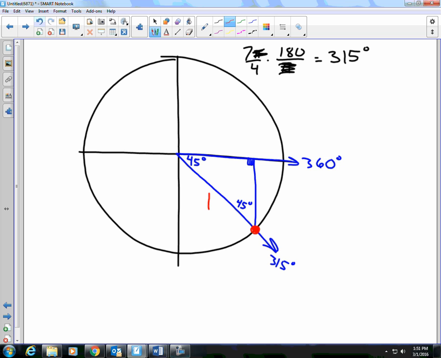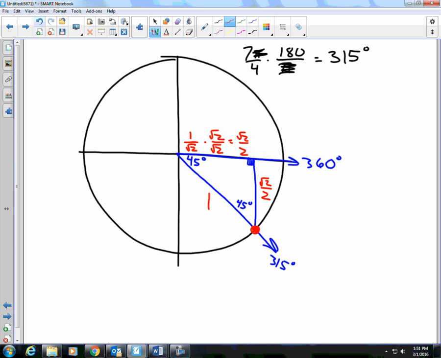So do I multiply by the root of 2 or divide by the root of 2? Divide by the root of 2. So I have 1 over the root of 2. Oh no, my algebra 2 teacher told me I can't have a root of 2 in the denominator. Oh yeah, multiply it by the root of 2. I get the root of 2 over 2. Oh, I don't want to have to do that again. That took forever. Oh, it's the same because it's a 45, 45, 90.